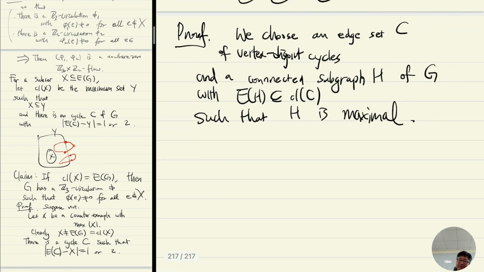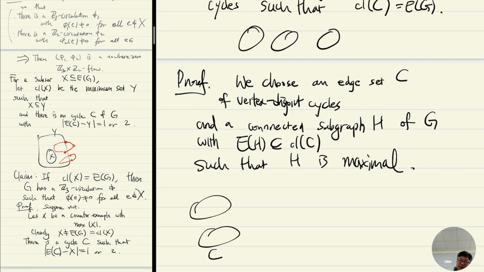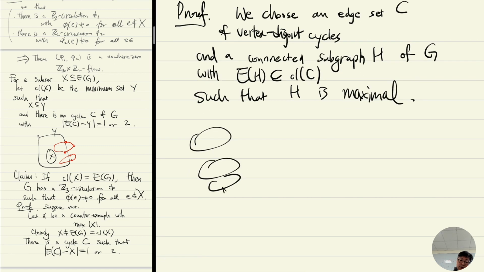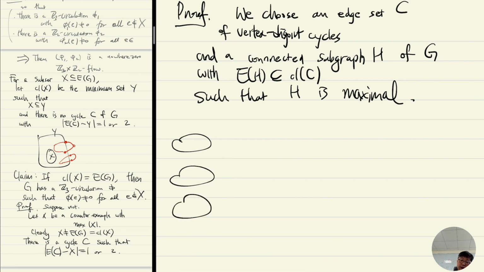Okay? So you have a list of cycles. So maybe I just draw over here. And then take a closure, and H is a connected subgraph contained in the closure. Okay? Now we choose H to be maximal.